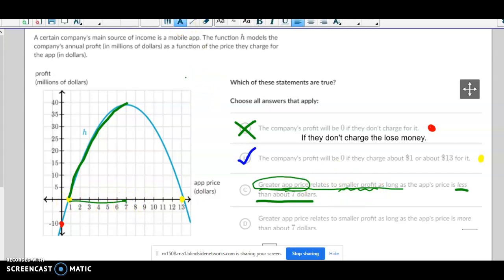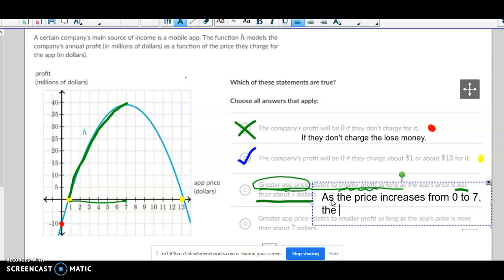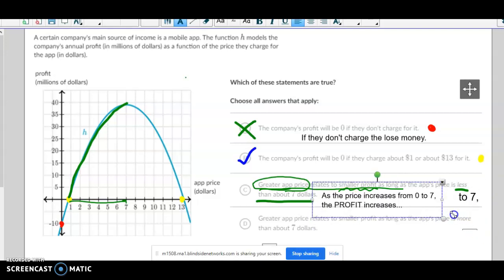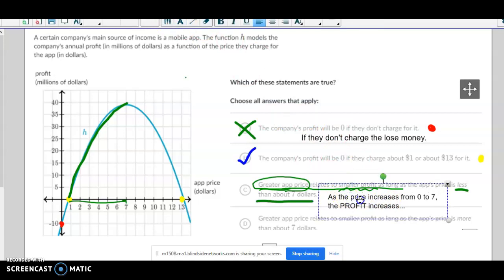As the price increases from 0 to 7, the profit increases also. You guys see that? As the price increases from 0 to 7, the profit also increases. It does not get smaller, like it says right here. All right, so this would be a big nope.